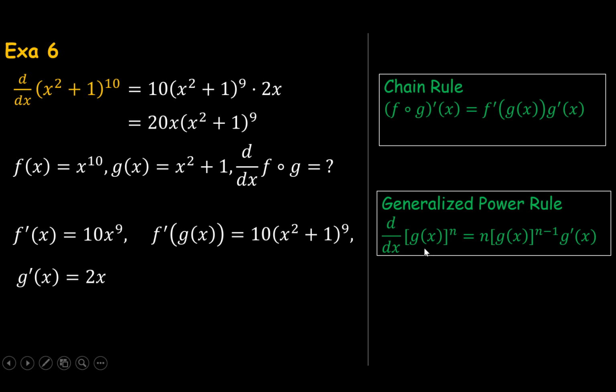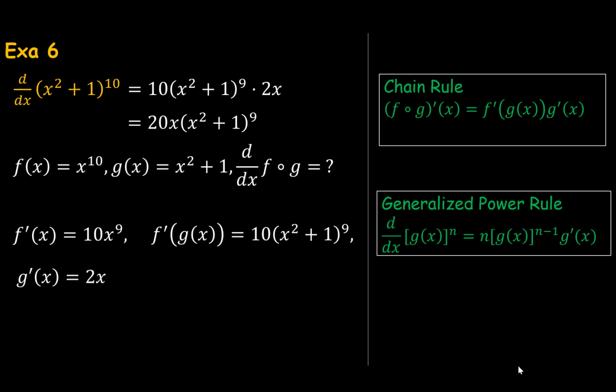So basically, if you have g(x) to the nth power and apply the chain rule, it says f prime, so the derivative of x to the nth power, that's n x to the n minus 1. But then you have to replace x by g(x), so you put g(x) here, and then times g prime. Okay, so this is the generalized power rule.